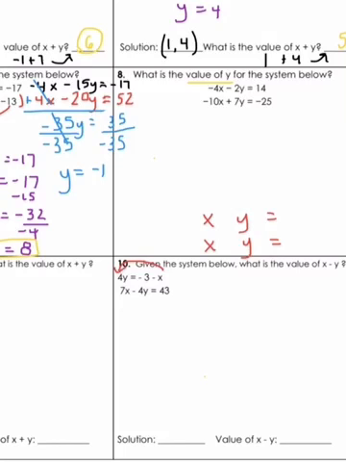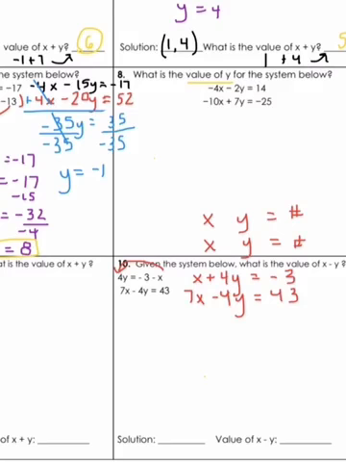So now we're going to have a positive x plus your 4y equal sign, and then this is always just going to be your regular constant number. The bottom one seems to be in the correct order. So we're going to have 7x minus 4y equals 43.